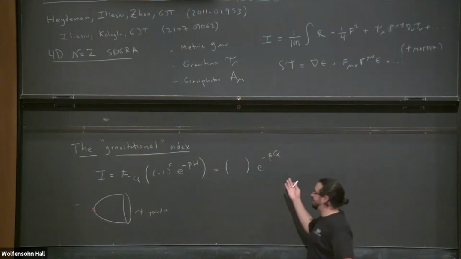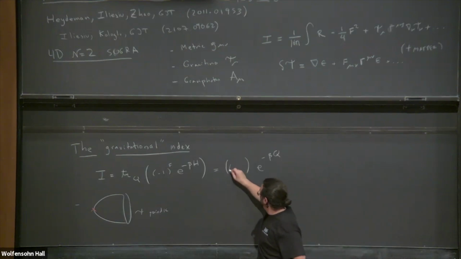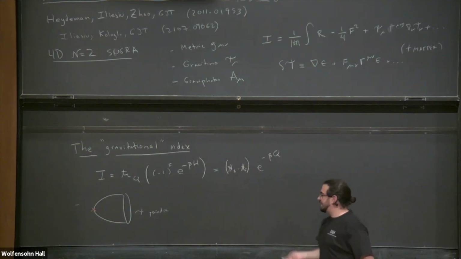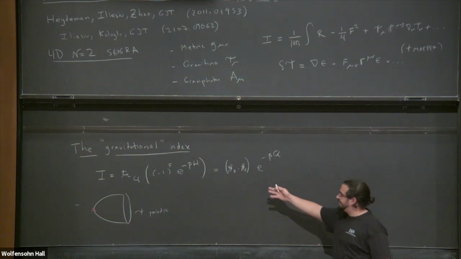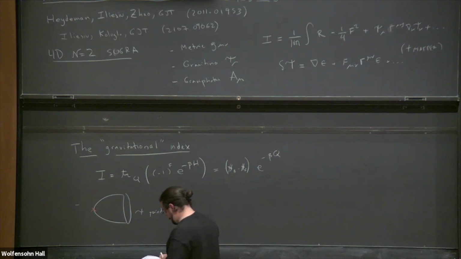This is what for me would be a consistent result, where this number is temperature independent, and it would be the number of bosonic minus fermionic states. If we take a near-extremal black hole, we are not going to get a temperature dependence of this form.